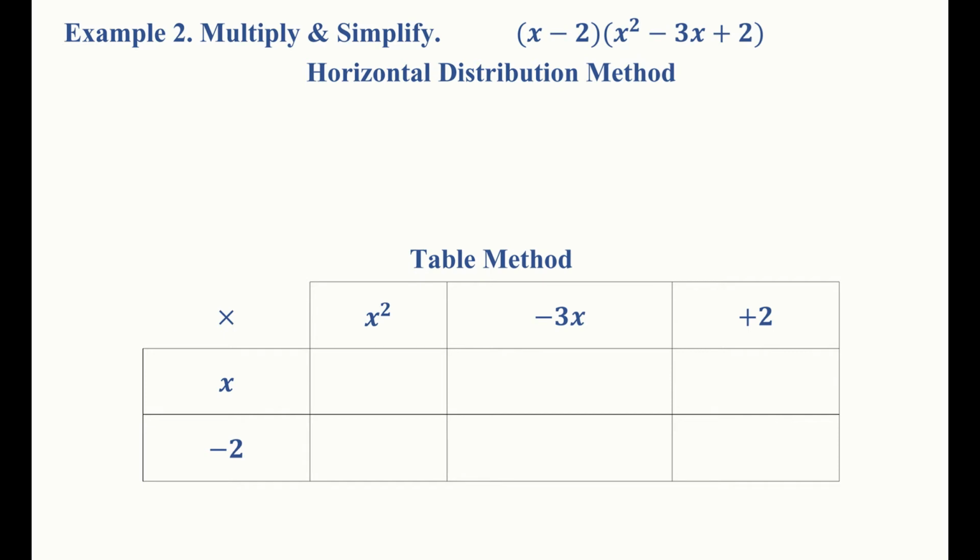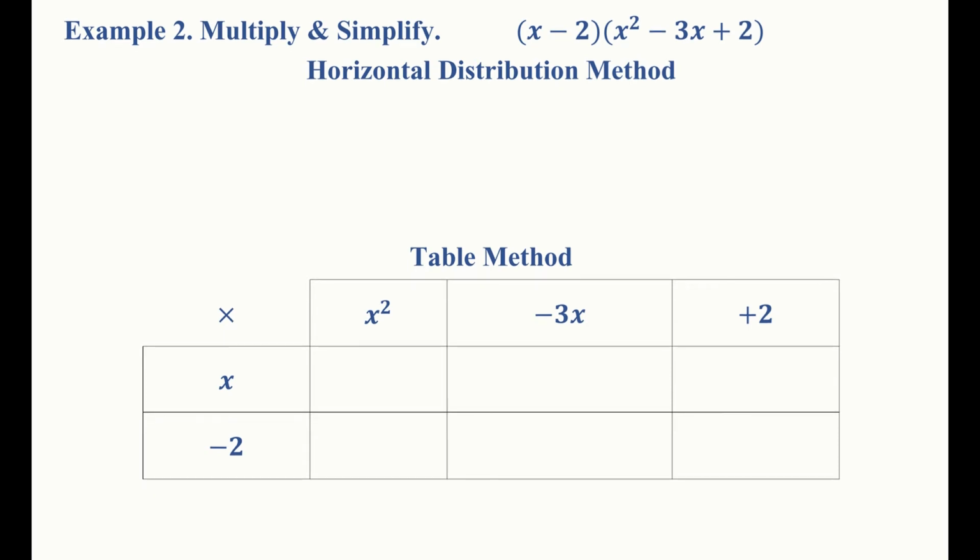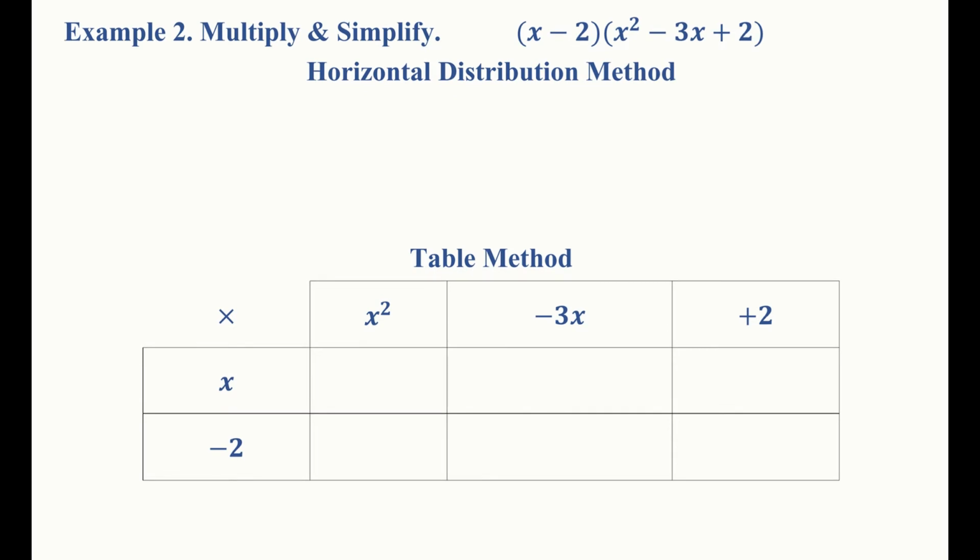I want to show you just the regular horizontal distribution method first. Let me leave some space actually. So we have x minus 2 times x squared minus 3x plus 2.